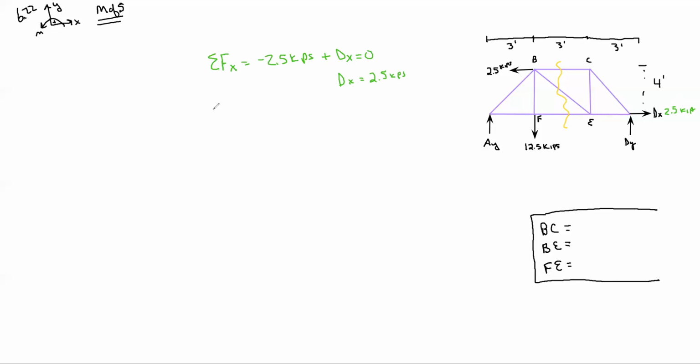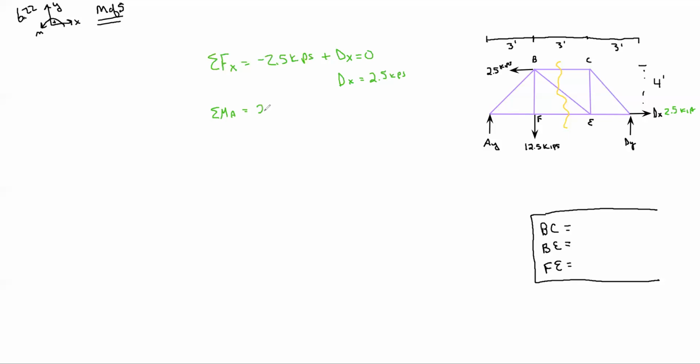I'm going to take the summation of the moments about point A. If we do that, the external force at point B is a player, at point F is a player, Dy is a player, Dx is not a player. Notice Dx pulls through the line of action of point A, so that distance would be 0. So let's see what we have.